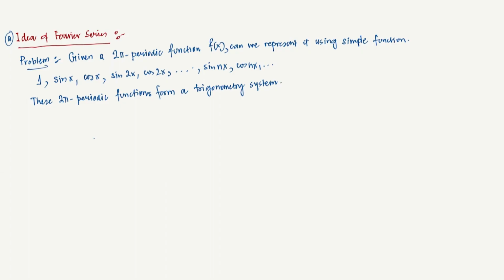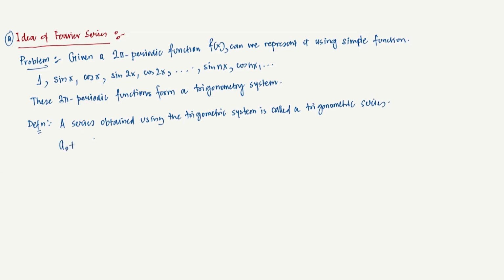So basically we are using a trigonometric series. What do I mean by this? Let me put a small definition here. A series obtained using the trigonometric system we'll call a trigonometric series. And what essentially is this?